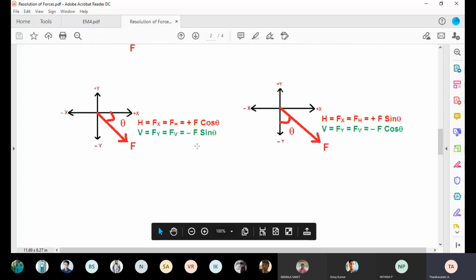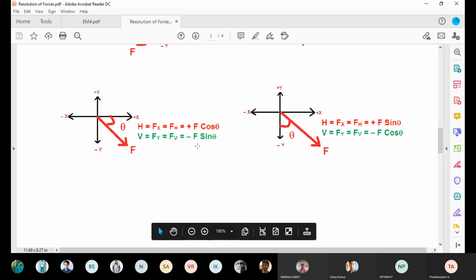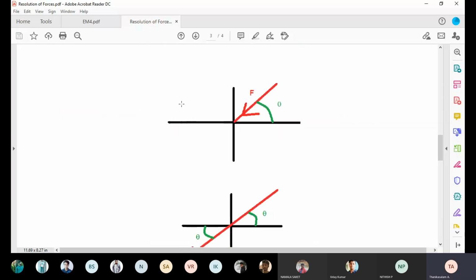Now see the next diagram. Now see this diagram. Nitish, is this force lying in the first quadrant? First diagram, sir. Yes, sir. Sajid, is this force lying in the first quadrant? Yes.